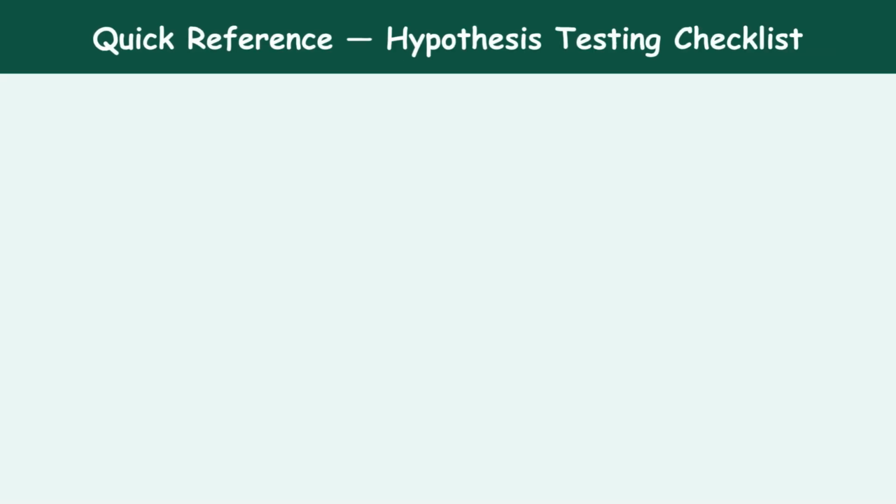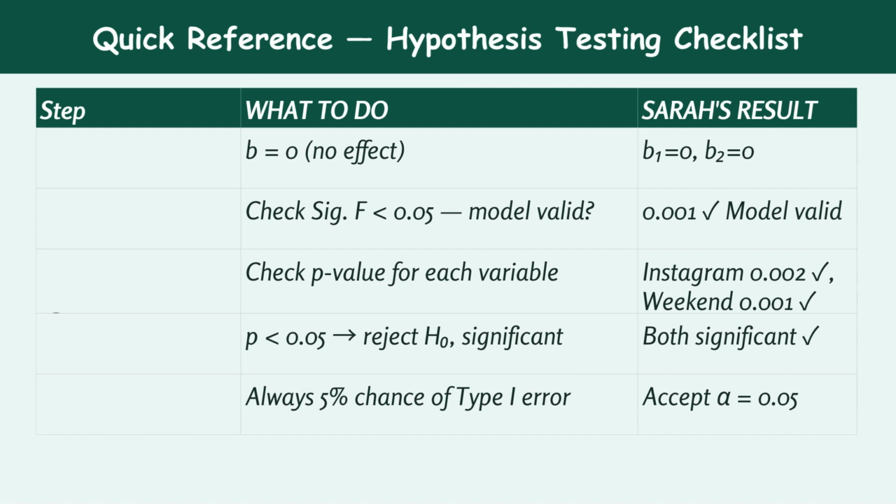For hypothesis testing, always follow these 5 steps. Step 1. State H0. Step 2. Check the F test first. If significance F is less than 0.05, the overall regression model is significant. Step 3. Check the t-tests. Check the p-value for each variable to see which variables have a significant effect.